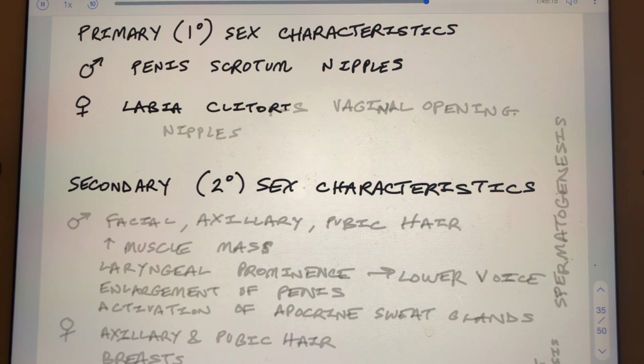The clitoris is present at birth. So erectile tissue is present at birth. The vaginal opening, which some people mistakenly call vagina. Vagina's internal, not external. And nipples, wait. Why do males and females have nipples?